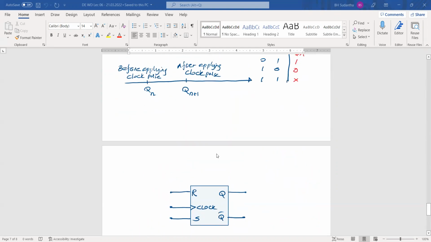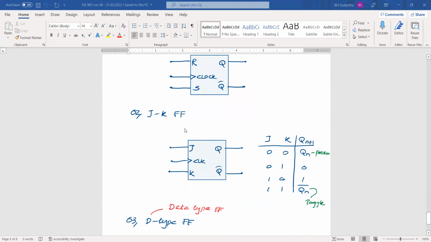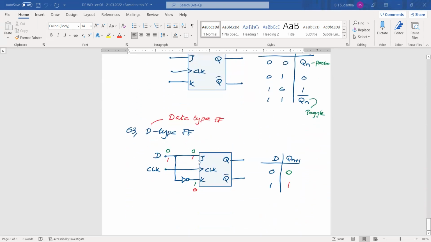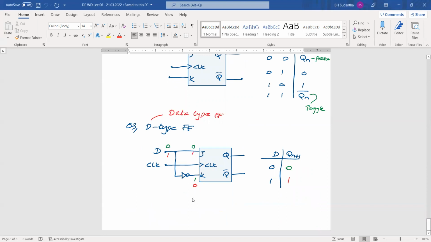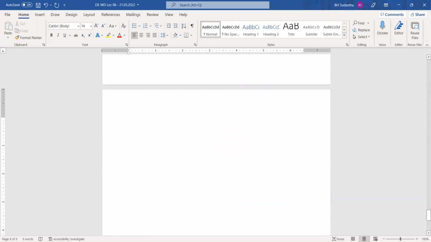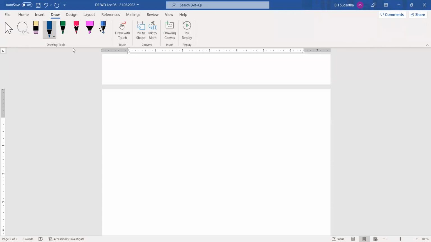As a summary, any flip-flop having this clock input, it doesn't matter if it's JK, D type, or whatever flip-flop. Then if the flip-flop has this clock input, how can we give input values to a flip-flop?